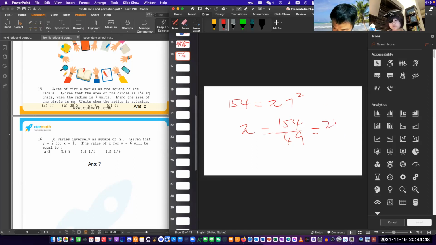So 22 over 7. So now what I'm going to do is I'm going to do 22 over 7, and now my radius is 3.5, so it's 3.5 squared. Can you help me out? What is the area of the circle now? Can you help me out with your calculator?